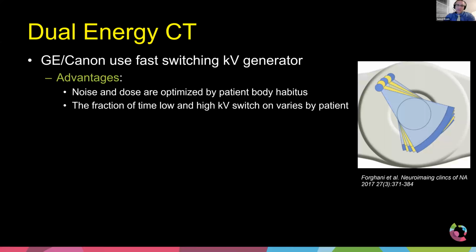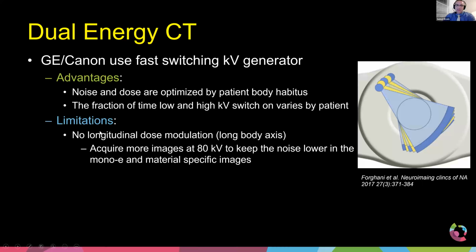So the limitation is it cannot do tube current modulation in the sense that as we are thicker through our shoulders, less thick through our chest, we don't need as much photons, MA through our lungs, and then our abdomen, of course, and our pelvis, we need more. It cannot change the MA as it goes down longitudinally through our body.